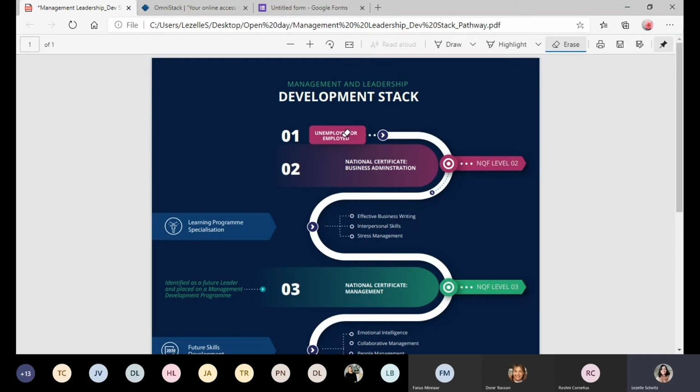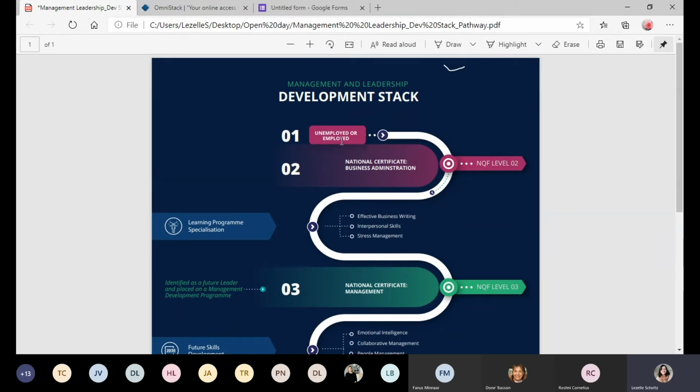So the individual will start. Let me just get my drawing tools and hopefully this will work. There we go. So they will start at level 1, and let's say they could be unemployed or they could be employed. Think about an individual who obtained grade 9, for example, and went straight into the workplace and has some work experience.